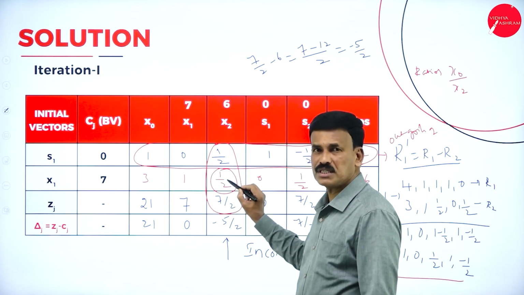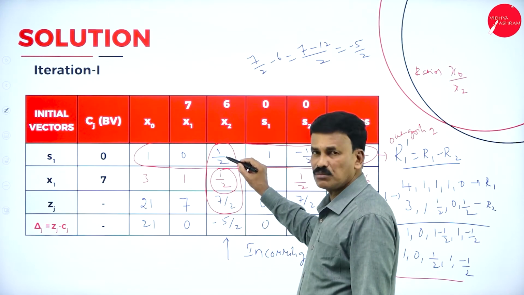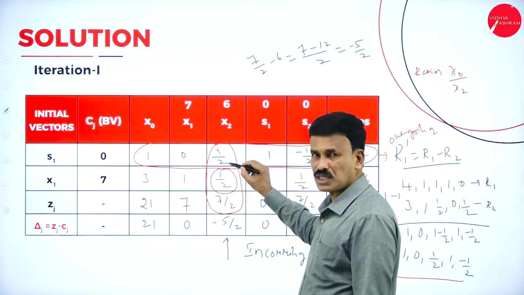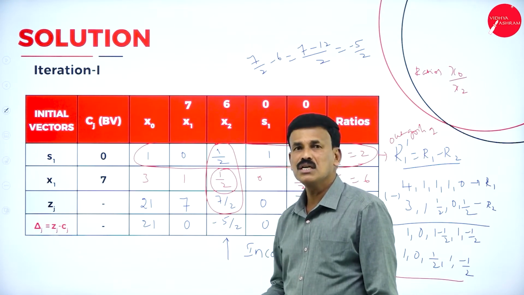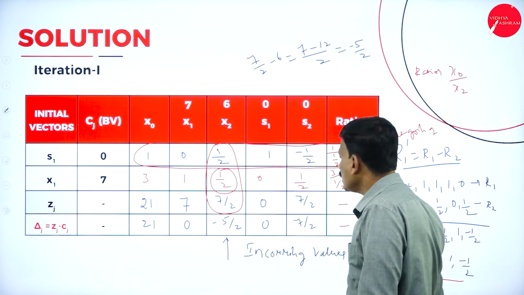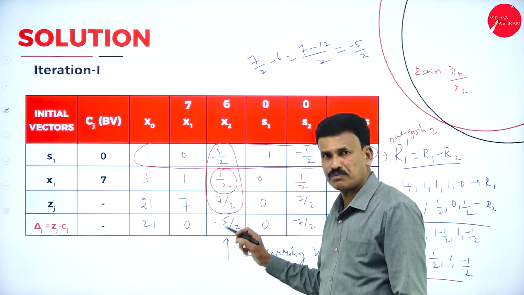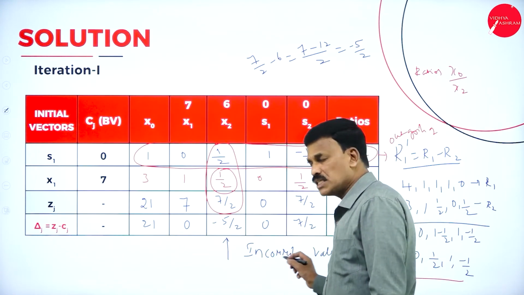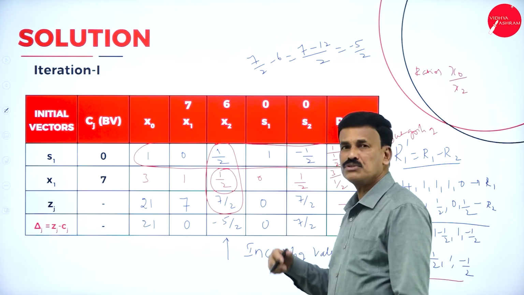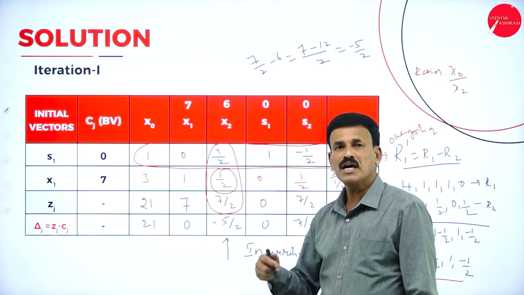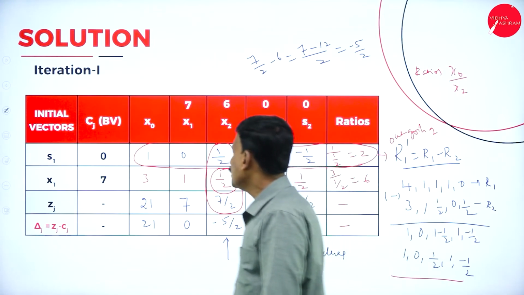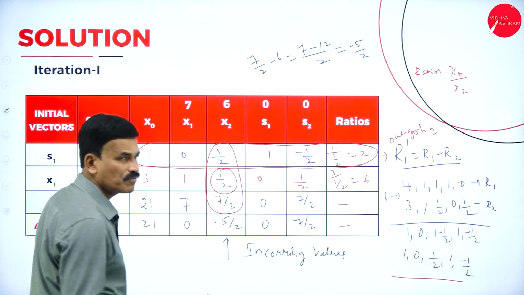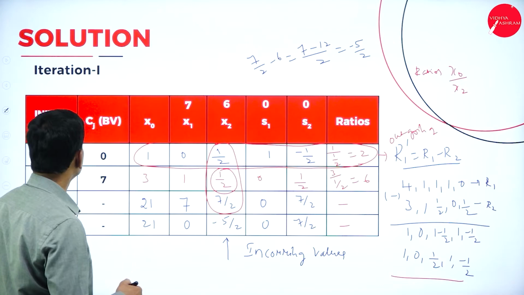Convert this key element as 1 and convert the above element as 0 using the proper elementary row operation. And find out whether all the elements in delta j row are positive. If all the elements in delta j row are positive, then the optimality is reached. Identify the solution and find out the maximum value. That's it. Now let us go to the next iteration, iteration number 2.